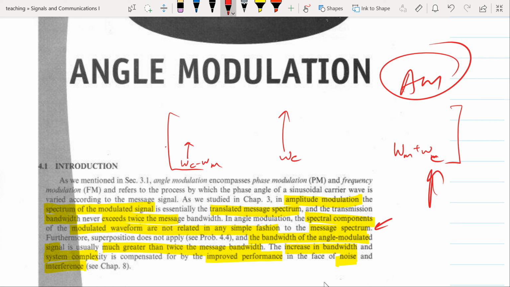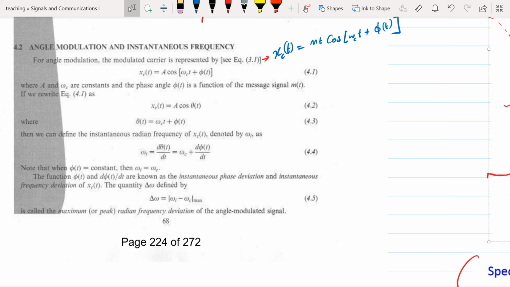The bandwidth of the angle modulated signal is usually much greater than twice the message bandwidth. But there are some advantages that we shall receive from that, and one of them is improved performance in the face of noise and interference.